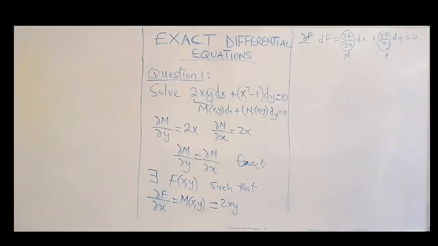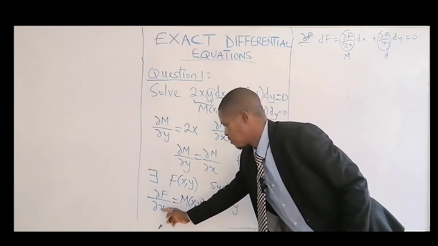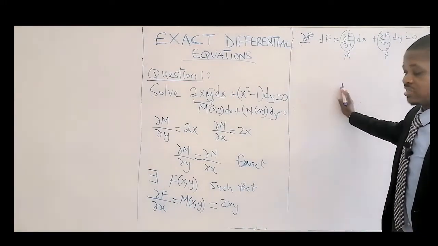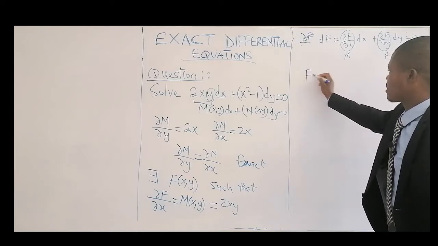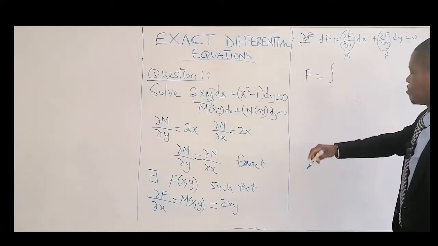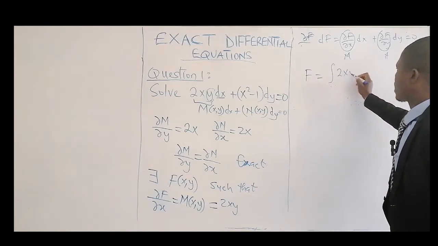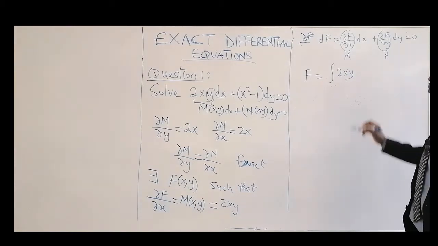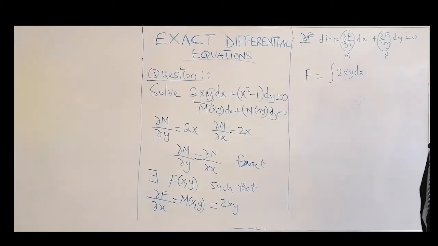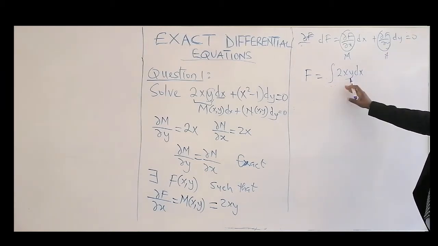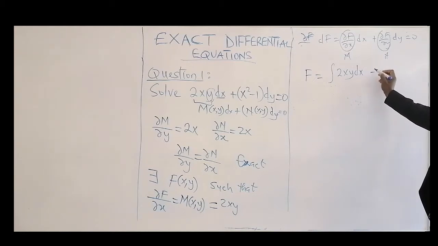So the next thing to do now, look at your function, partial differential with respect to x. That means you integrate both sides, then you have f equal to the integral of M, which is 2xy, dx. It doesn't matter whether you put the x or you put delta x. Because you are integrating with respect to x partially, this will be plus g of y.